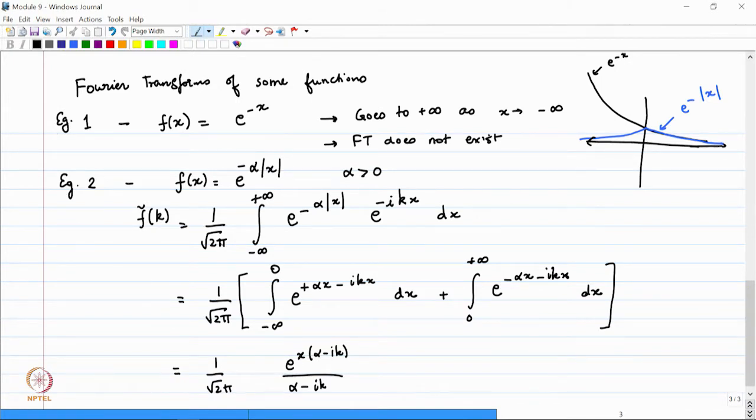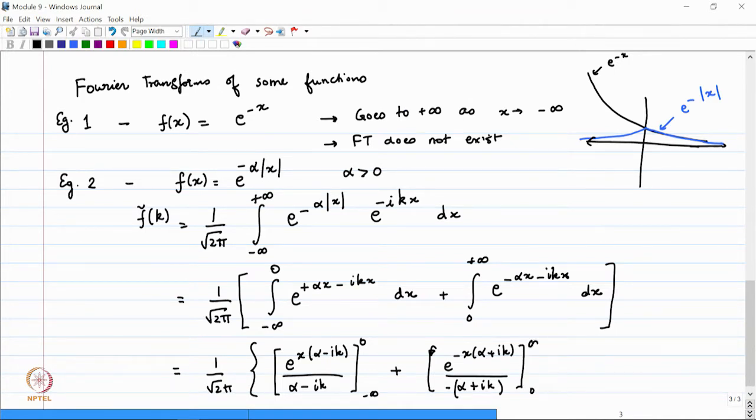I just did the integral of an exponential, I just treat it like a regular exponential, and the limits here are from minus infinity to 0, plus the same thing, e to the minus x times alpha plus I k, divided by minus of alpha plus I k, and this integral is from 0 to infinity.